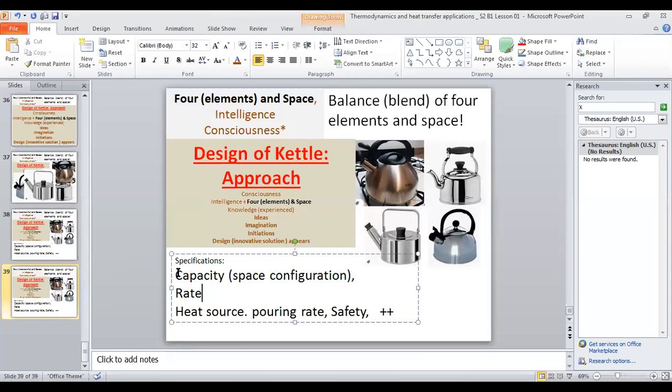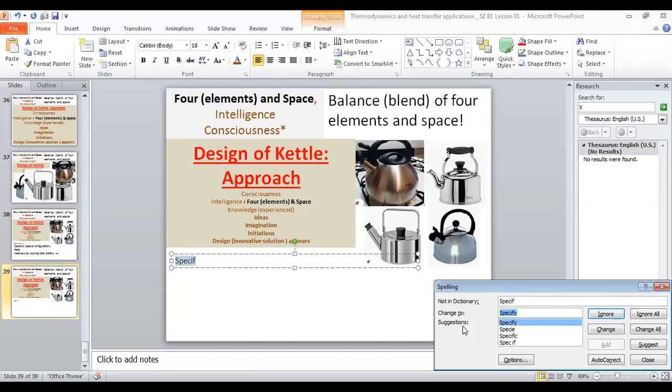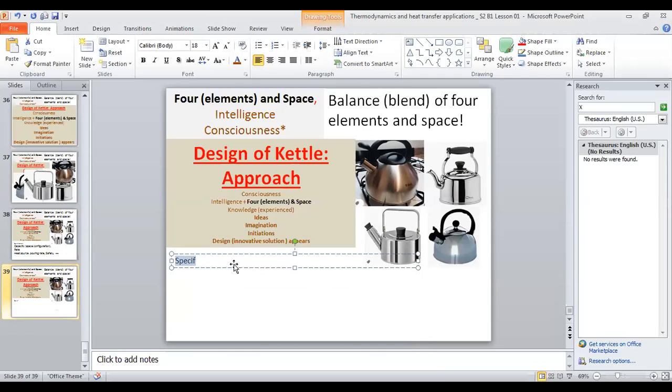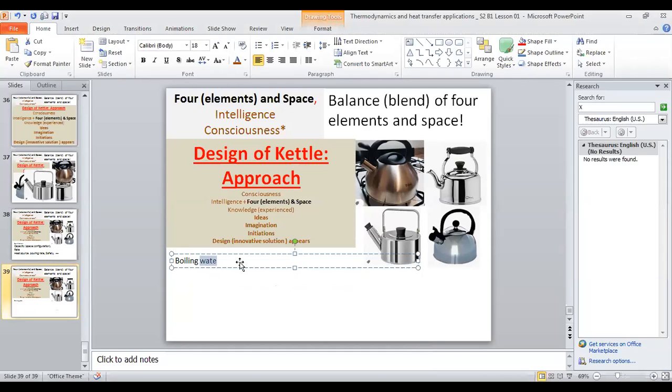When it comes to knowledge, if you do not know about boiling, what boiling water means, you cannot be a designer of the kettle.